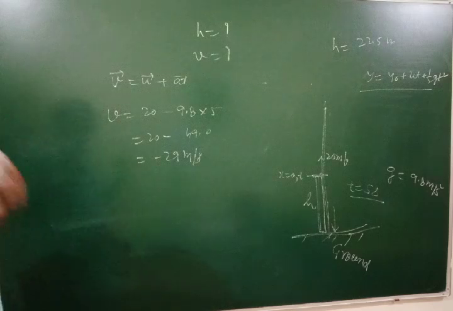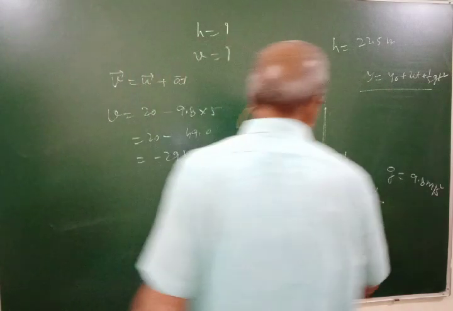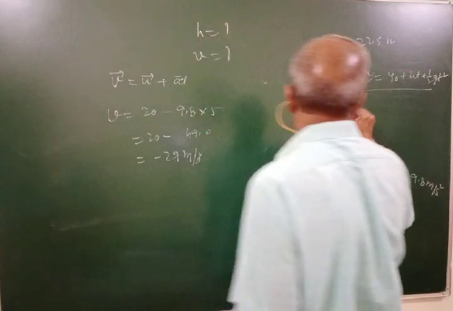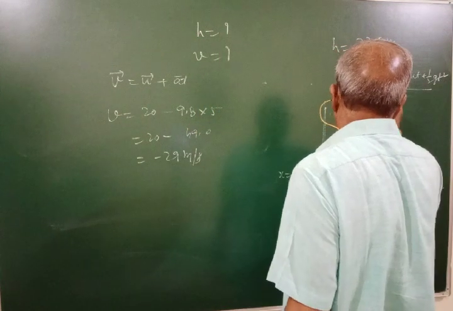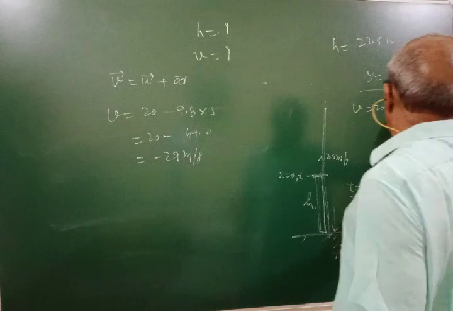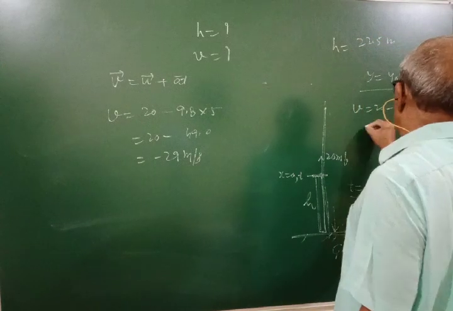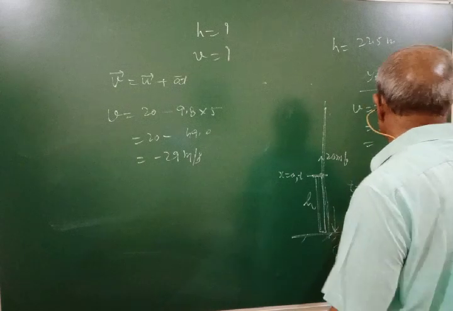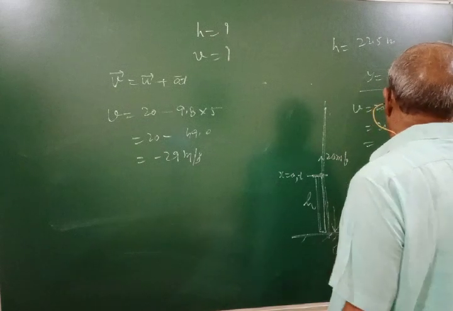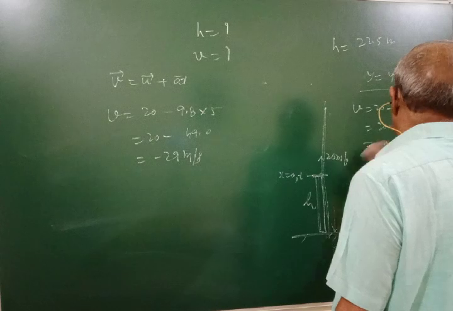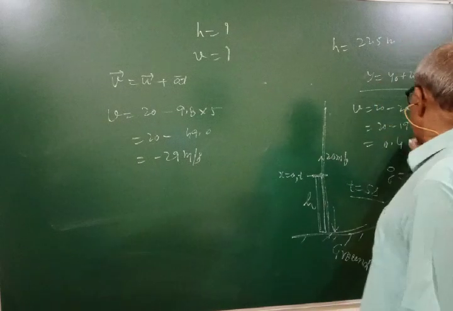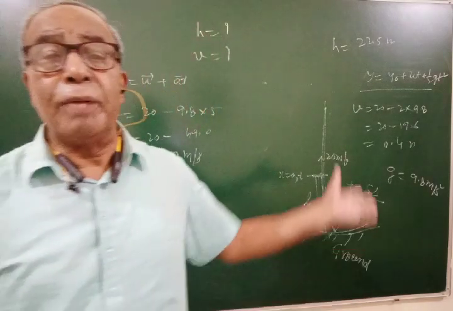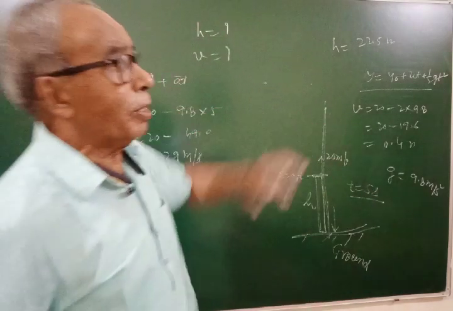You may say that it may be positive. Yes, it may be positive if you find the velocity after 2 seconds. If you want the velocity at 2 seconds, then v equal to 20 minus 2 into 9.8, so 20 minus 19.6, which leaves a positive 0.4 meters per second. So at time 2 seconds the ball was still moving upward.